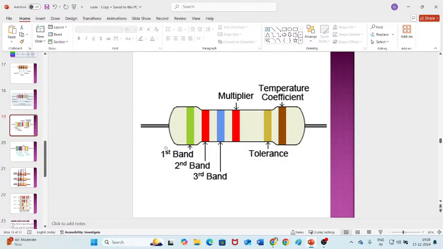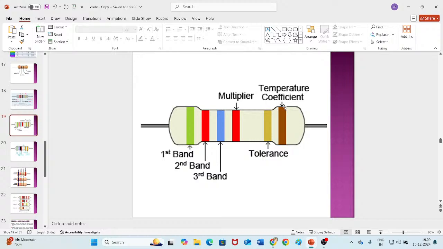The fourth band will indicate what? Multiplier. Whether it is 5 band or 6 band, the fourth band will represent the multiplier. The fifth band will represent the tolerance value. And the sixth band is available only for a six band coded resistor, not for five band. That is temperature coefficient.